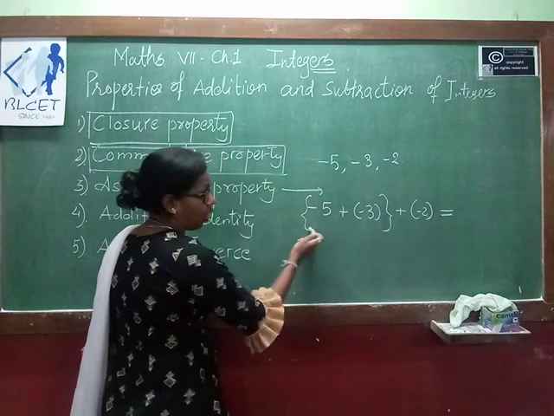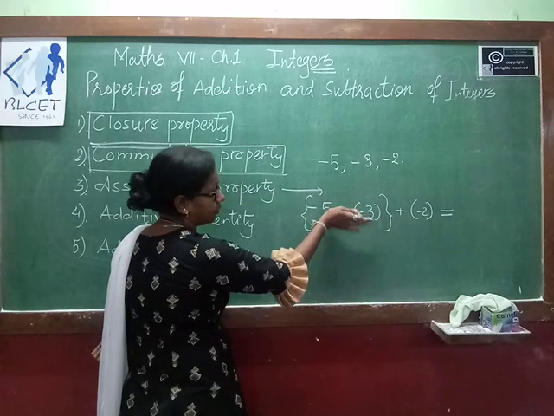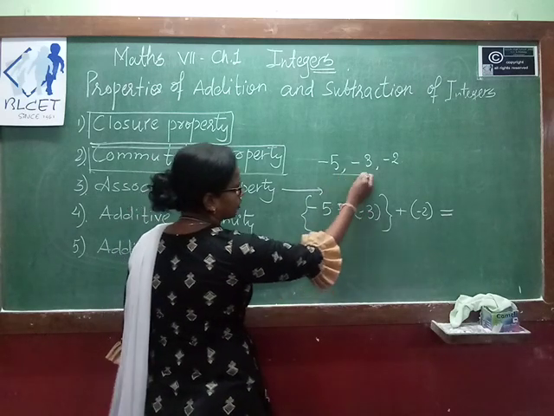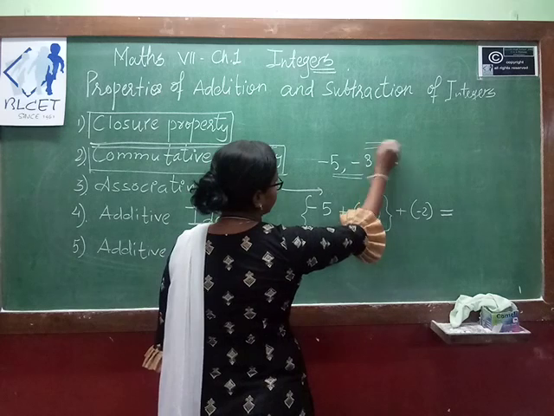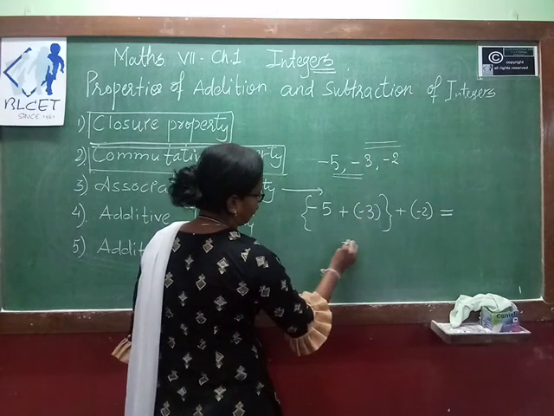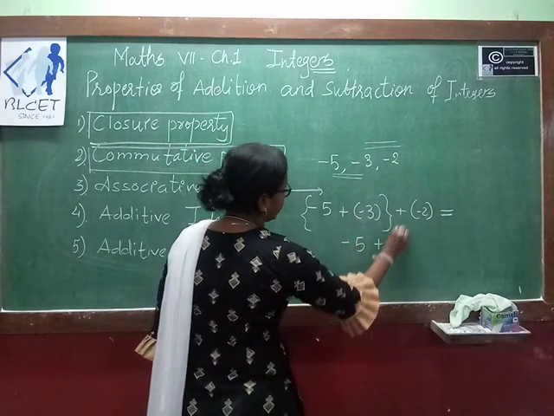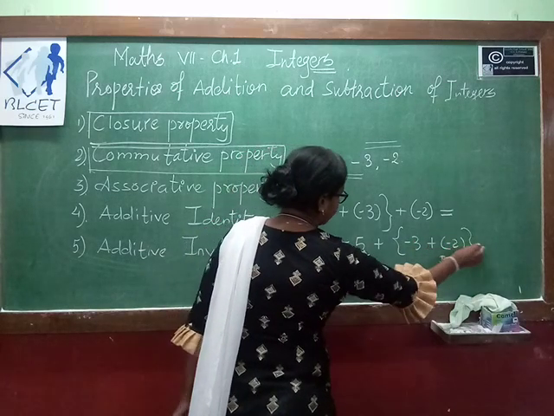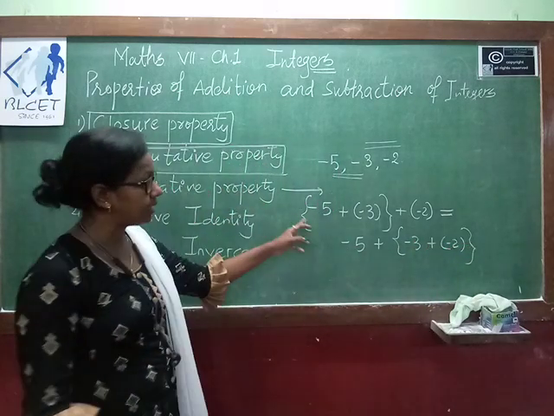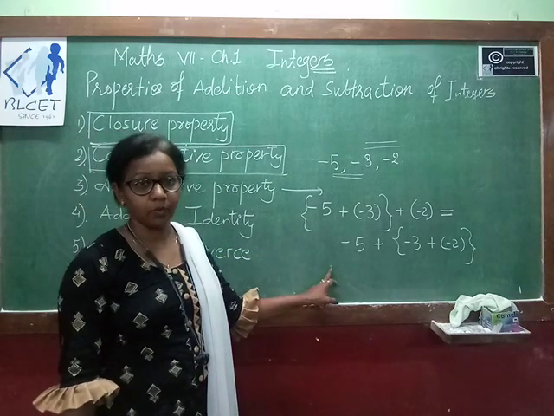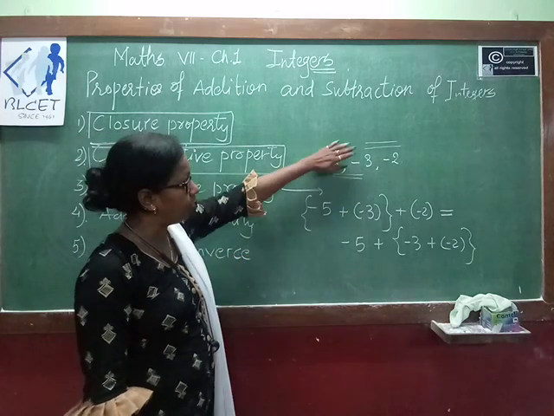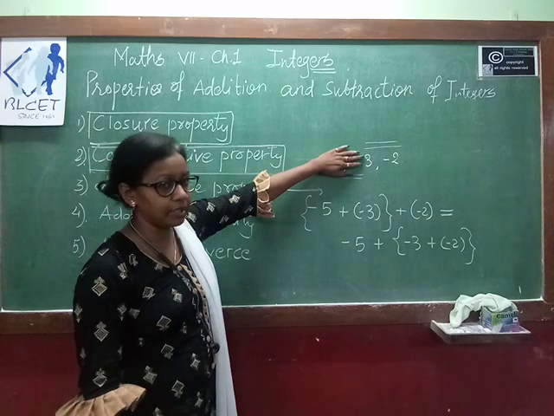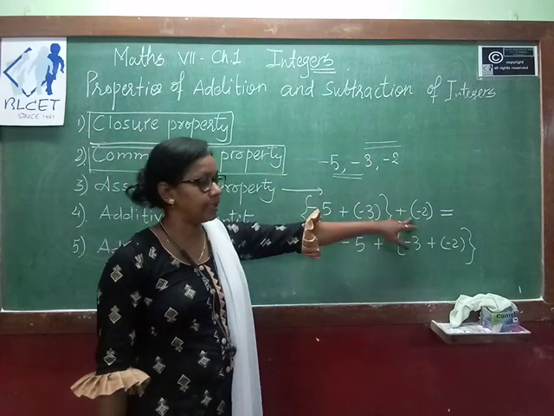Now I change the order of grouping. First I grouped the first 2 numbers. Now I group the last 2 numbers, minus 3 and minus 2. So I write minus 5 plus minus 3 plus minus 2. When I solve this, I am getting the same answer for both. First I group the first 2 numbers in addition, and the last number remains alone.